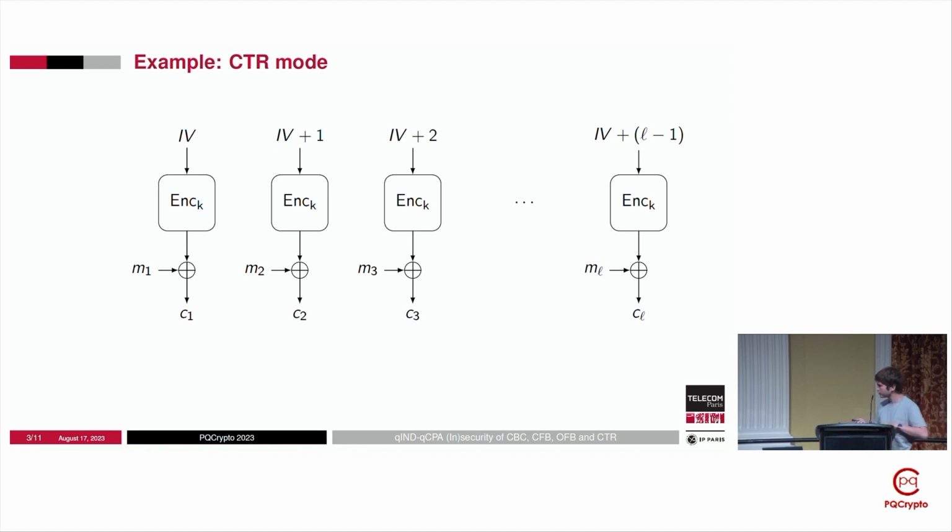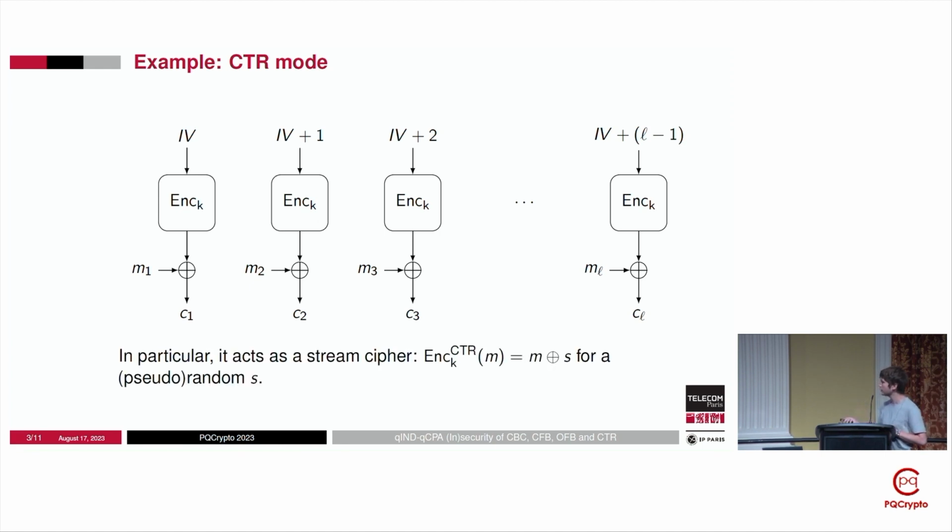The way it works is just like a stream cipher. You will build a pseudorandom string out of your block cipher, and you will XOR this string with your message in order to encrypt it. Of course, this S here will depend on both the key and on the initialization vector. And this will come in handy later in the presentation.